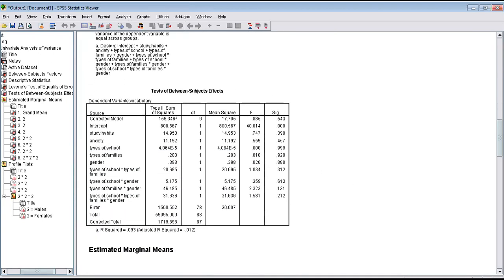Now this is the table which you have to use, and here you know that your degree of freedom for error is 78 and your total is 87.